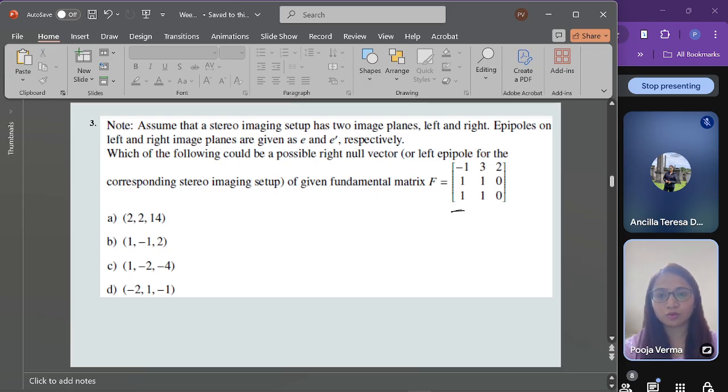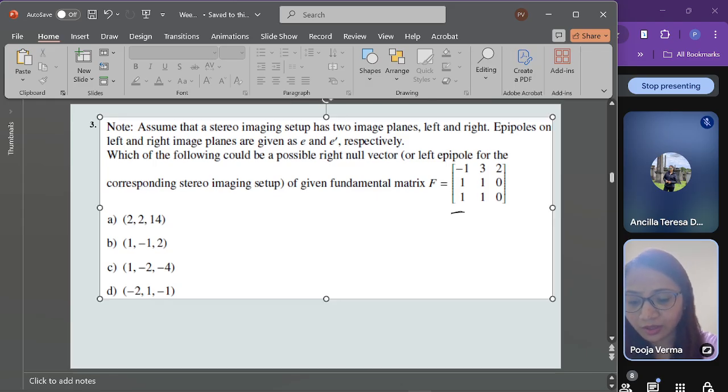Okay, so how to proceed with this question? From this fundamental matrix, we have to calculate the possible right null vector. To find the possible null vector, the right epipole, it is from the fundamental matrix.